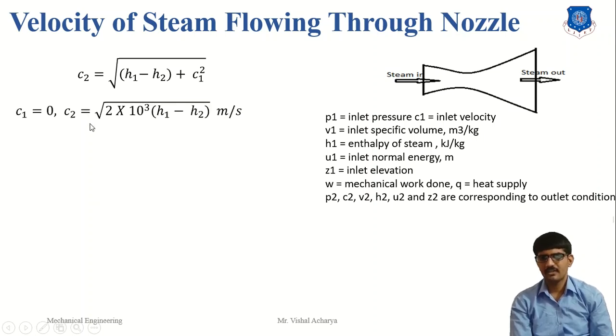We convert the H1 minus H2 value from kilojoules to joules by multiplying by 10 raised to 3, and taking the square root of 2 times that. So the final outlet velocity is 44.72 times the square root of H1 minus H2, in meters per second.